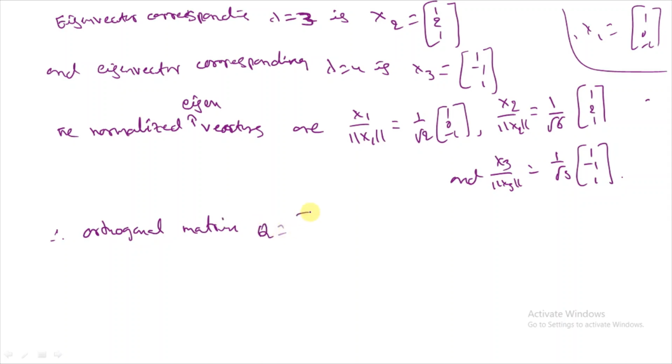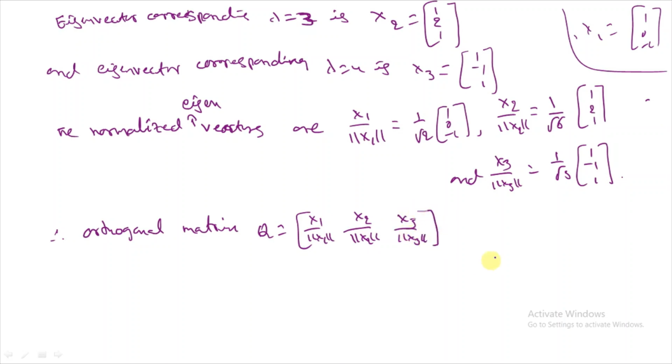Therefore, the orthogonal matrix Q equals the columns x1 by norm x1, x2 by norm x2, x3 by norm x3.